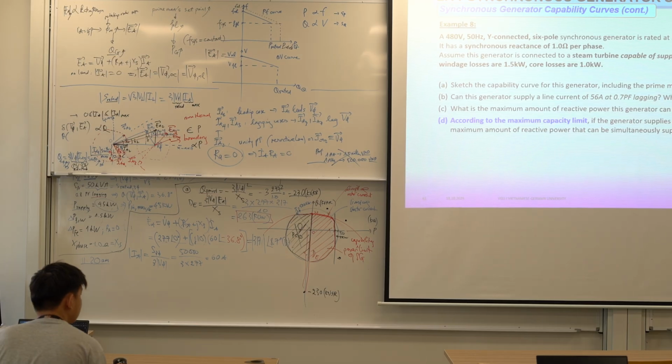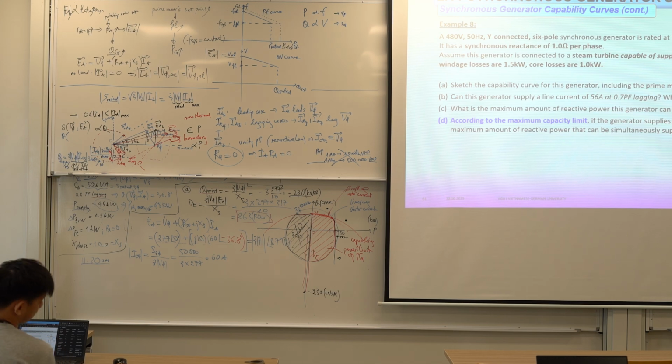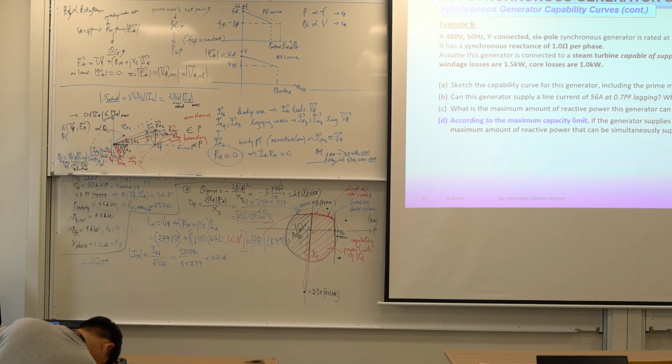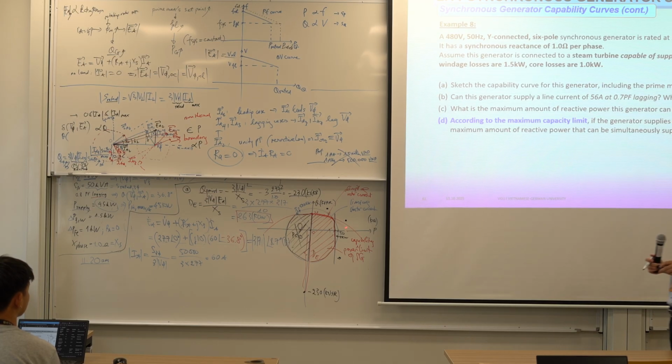Now we have another load, also lagging. This is question B, but now we have 0.7 power factor and IA new is 56 ampere.